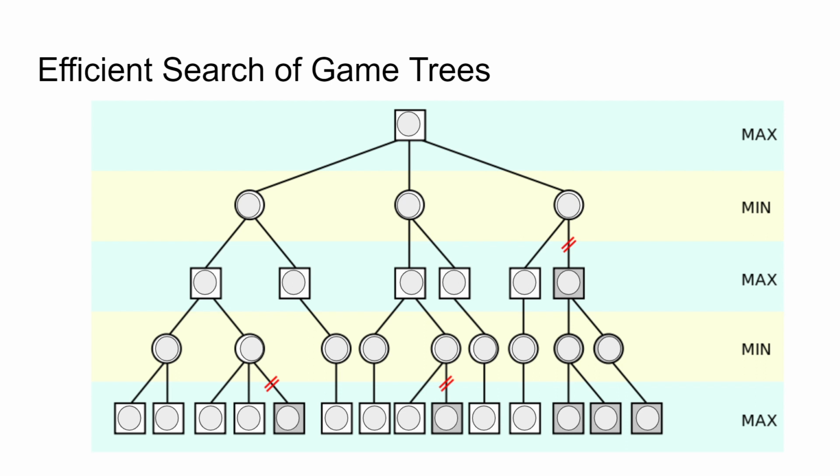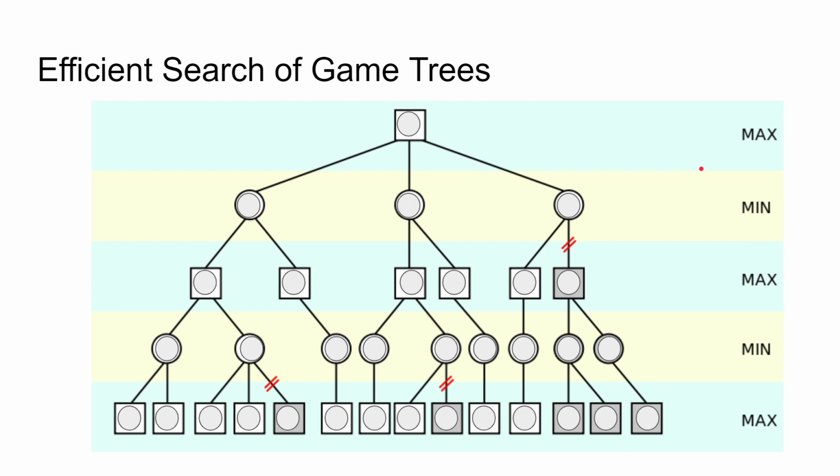In the extreme case, you could do chess that way, where the only possible scores are 1, a half, and 0. But we're doing a more generic version here. You'll also notice this diagram has alternating rows of max, min, max, min, max.